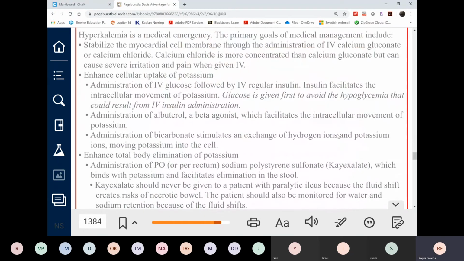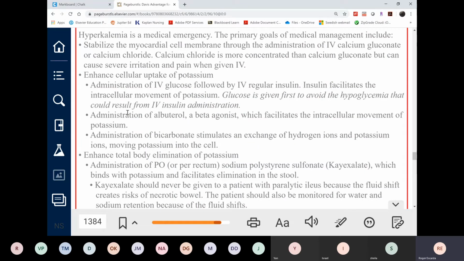So management, we already discussed this last week, correct? Yeah. All right, so we talked about insulin with glucose, but remember it should be together, IV insulin with glucose. And we have albuterol. We said this was 4 times the dose, right? Albuterol, it won't be 2.5, it will be about 10 milligrams.